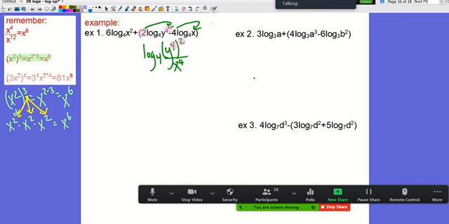And because this gets moved, we're going to do the same thing: log base 4 of x squared to the power of 6. Now look at these pink highlights. Boom. Boom. Boom. Look at that.